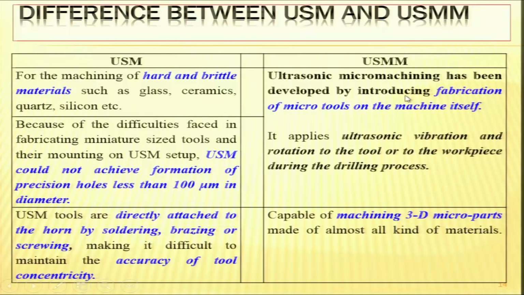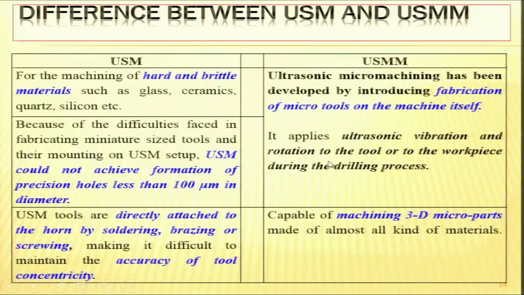In the case of ultrasonic micromachining, it has been developed by introducing fabrication of micro tools on the machine itself. This is what I have emphasized earlier also, that on whichever machine, whether an EDG machine or EDM machine, you are fabricating the micro tool, on the same machine you are doing ultrasonic micromachining, so that concentricity, axis coincidence takes place.